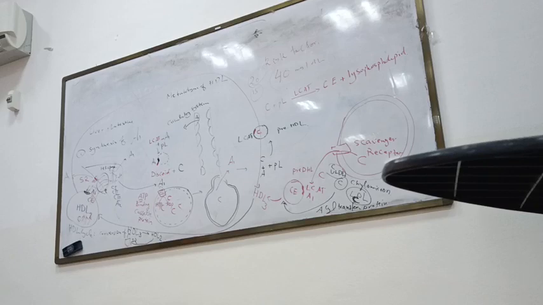Okay, scavenger receptor B1, and there are lots of scavenger receptors in our biological system. We will cover this, God willing, in the hormones course, classification of receptors. Okay, because there is scavenger receptor B1, scavenger receptor B2.